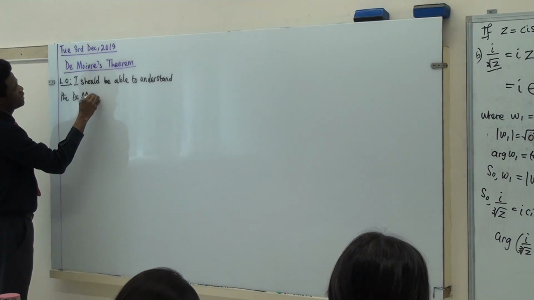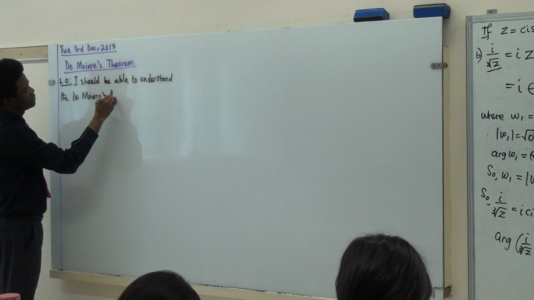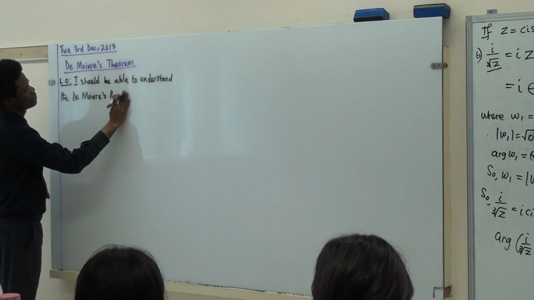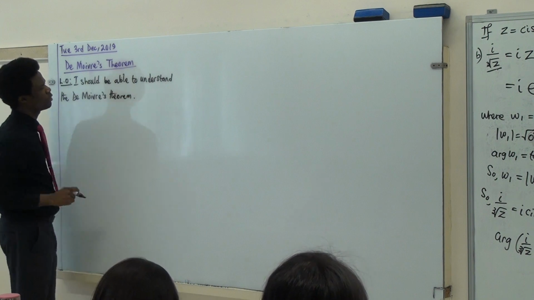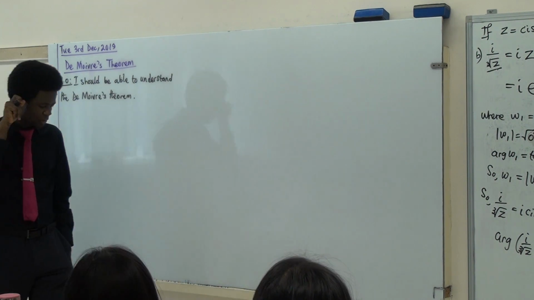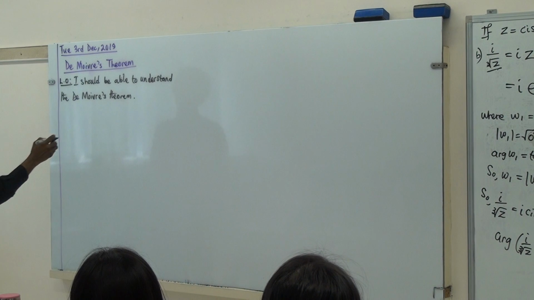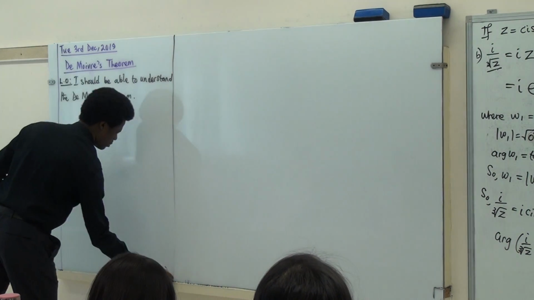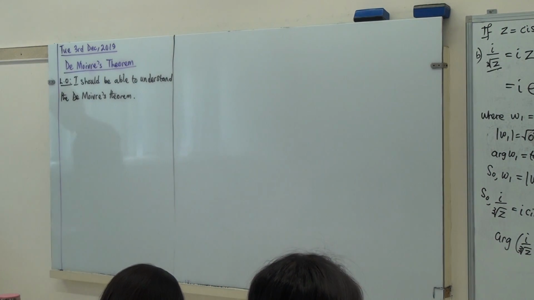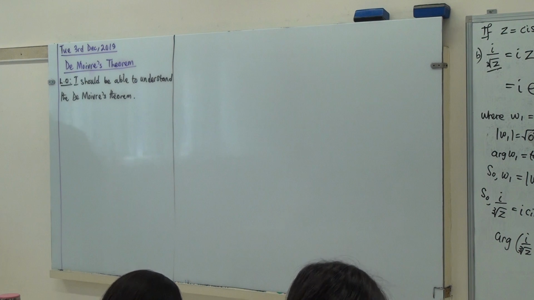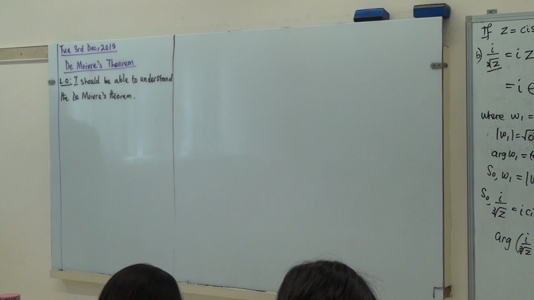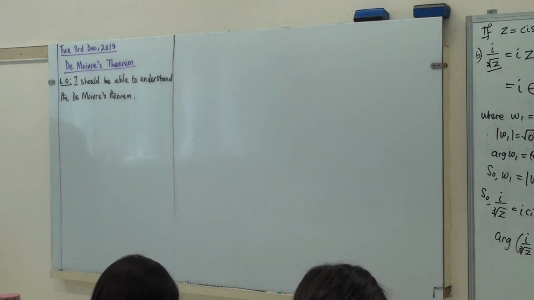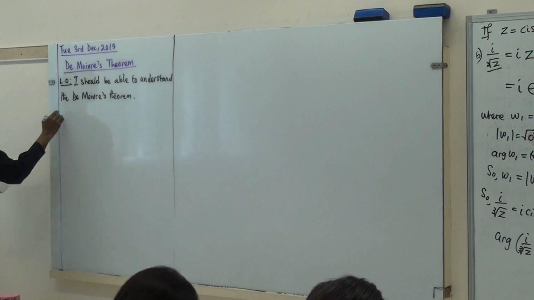What is this idea of de Moivre's theorem saying, really? When you have powers of a complex number, particularly higher powers, actually de Moivre's theorem, we have done it before. I'd like to give you a question to start with. It's actually one of the exercises here. Everybody, please attempt this.